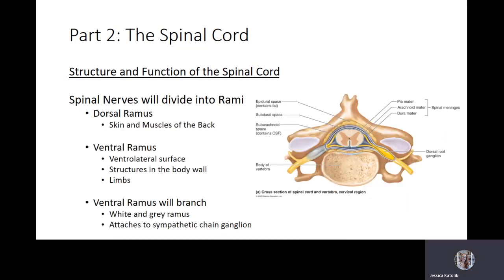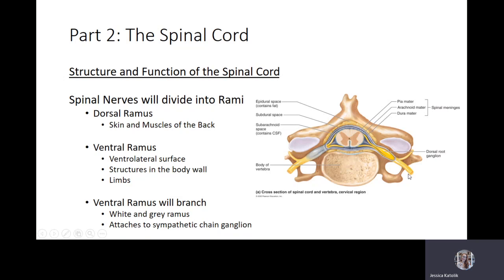I do want to talk a little bit about how the spinal nerves will divide into rami, or ramus. So here on this diagram, you can see the spinal cord, and then here we have the spinal nerve proper over here. And what will happen is the spinal nerve will exit the intervertebral foramen, and immediately when it does so, it's going to split into rami.